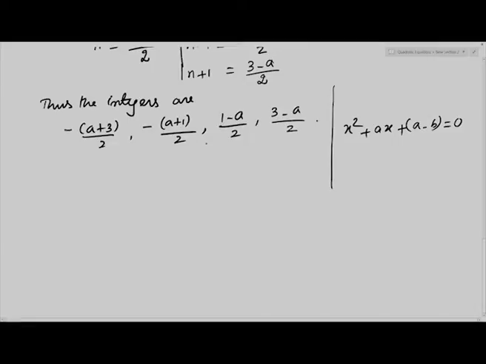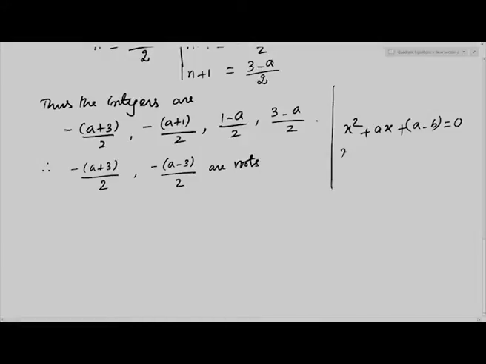So, we have this minus a plus 3 by 2, this is one of the roots, and if I combine with this minus a minus 3 by 2, these are roots of one of the equations.